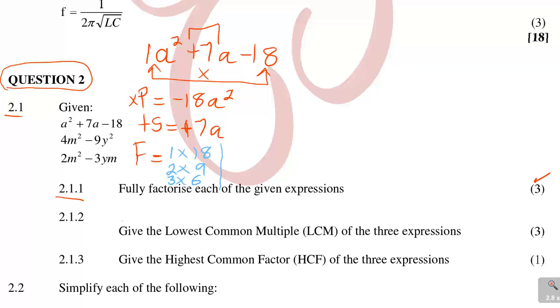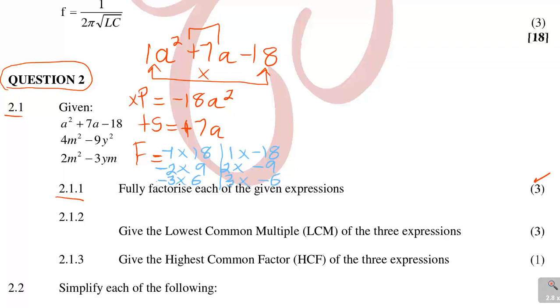Now remember, I need to get a negative, so it's either 1 is negative and 1 is positive. So for example, minus 1 times 18, or 1 times negative 18, minus 2 times 9, or 2 times negative 9, negative 3 times 6, or 3 times negative 6.